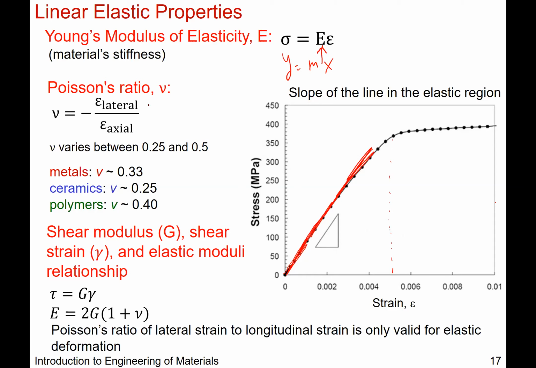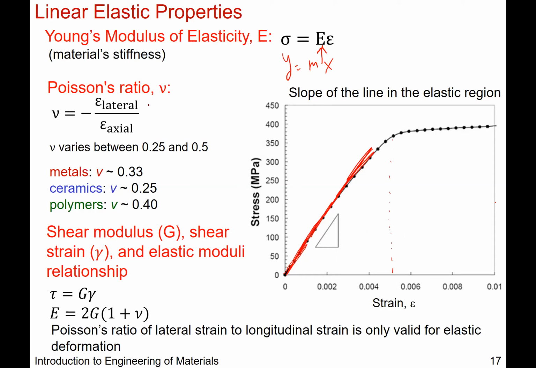So what is this telling you? It's telling you that as we go from metals to ceramics to between metals and polymers, say, your Poisson ratio is increasing. What that means is your lateral strain, your numerator, is changing by quite a bit, more so than metals. Okay.